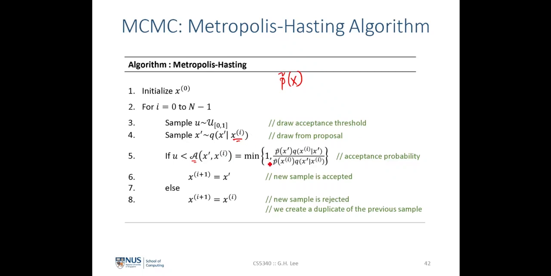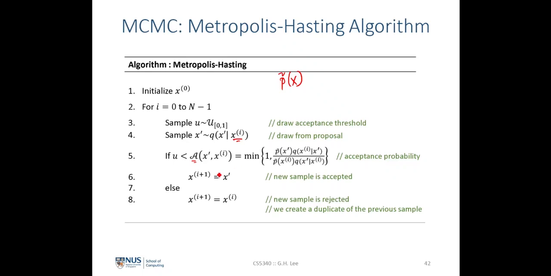We'll compute a using this equation, which is given by the minimum of 1 and the ratio of these two quantities. We take the unnormalized probability evaluated at x prime, the current sample, multiplied by the proposal distribution of the previous sample conditioned upon the current sample, and divide by the unnormalized target distribution evaluated at the previous sample, multiplied by the proposal distribution evaluated at the current sample conditioned upon the previous sample.